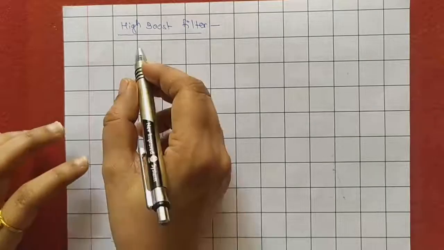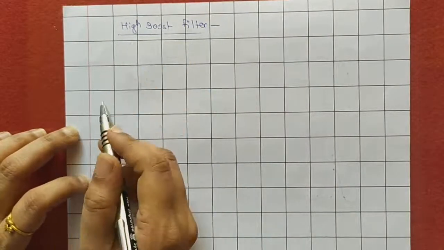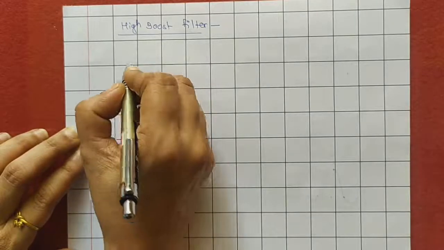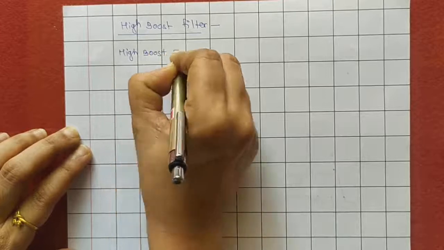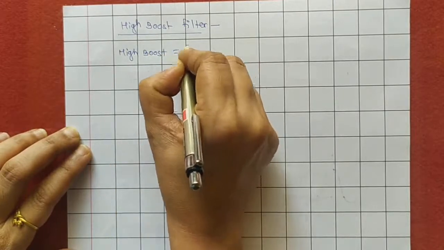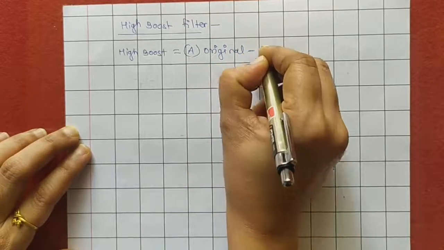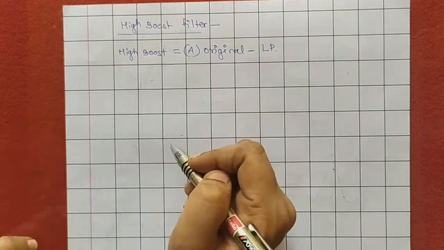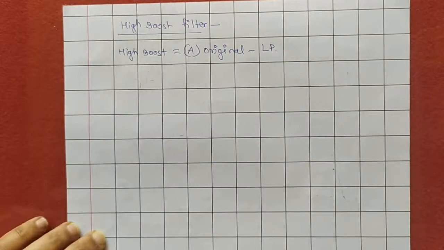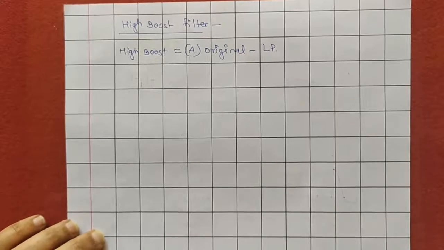This high boost filter can be obtained as original image minus low pass image, and based on this we can retain some background along with the high frequency content.